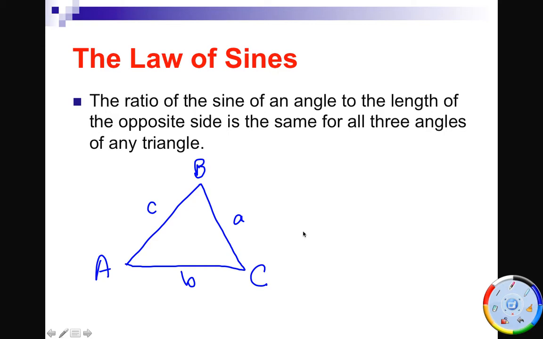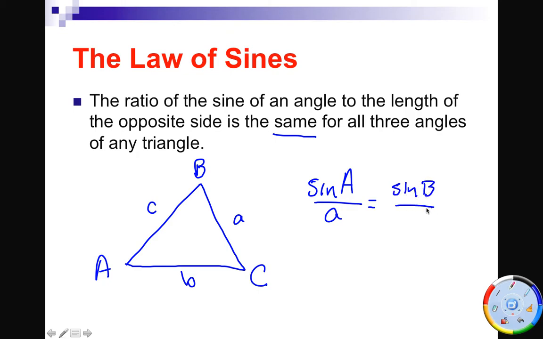What this is basically saying is, first of all, the ratio, well, ratio just means fraction. The ratio of the sine of an angle, so the sine of some angle, let's call it A, to the length of the opposite side, that's little a, is the same for all three angles.